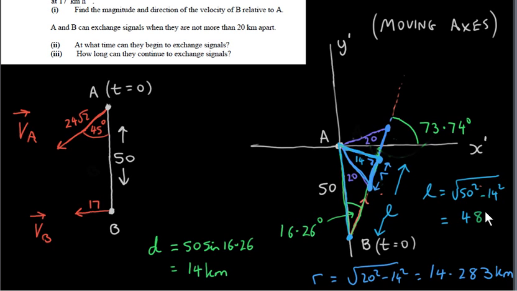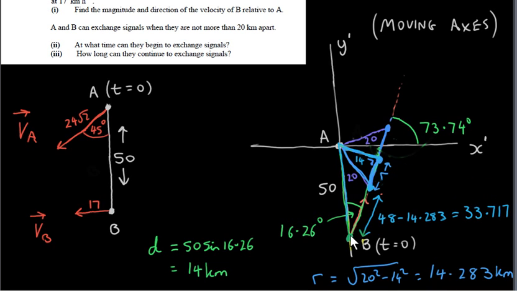We get 48 kilometers for that distance, and now to find the distance of B to this point here, we just take 48 and subtract R, which is 14.283. So we get 33.717 kilometers.